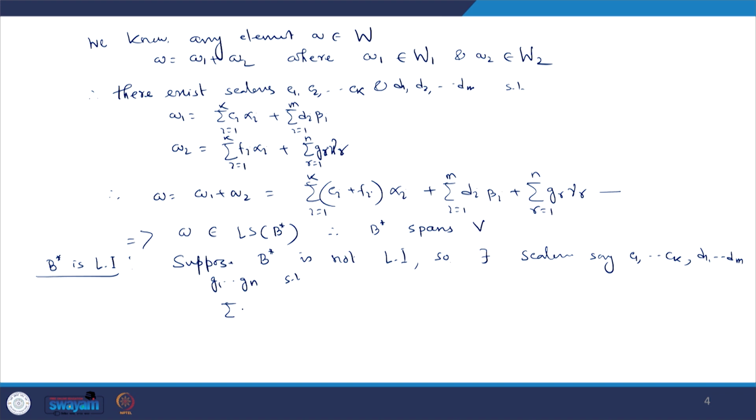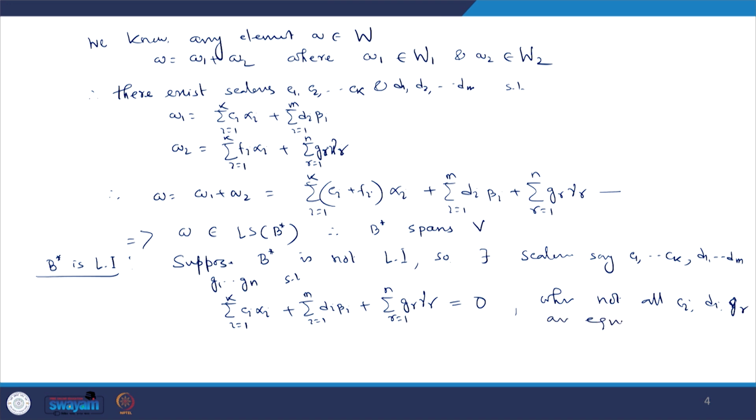sigma Ci alpha i, i equal to 1 to k, plus sigma Di beta i, i equal to 1 to m, plus sigma Gr gamma r, r equal to 1 to n, is equal to 0, where not all Ci, Di or Gr are equal to 0 please.